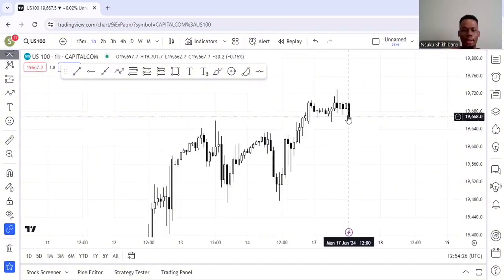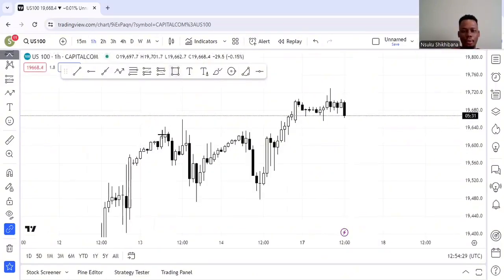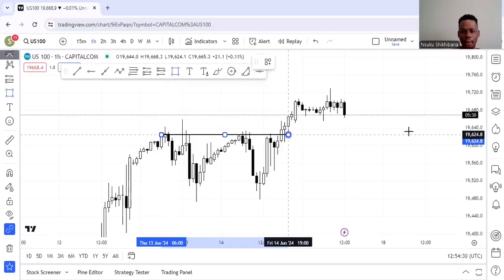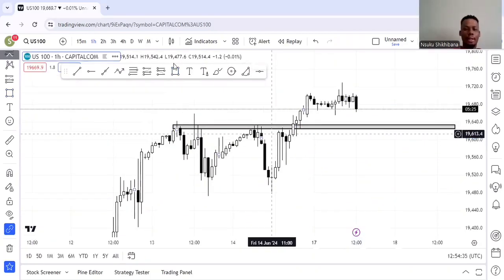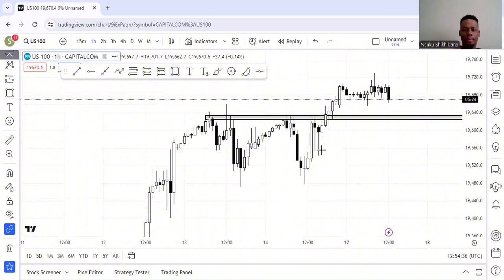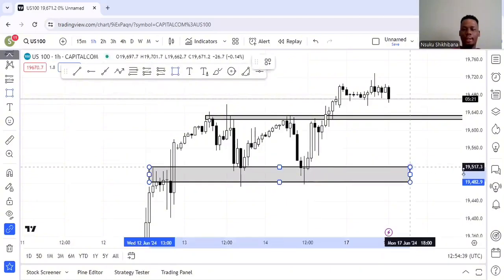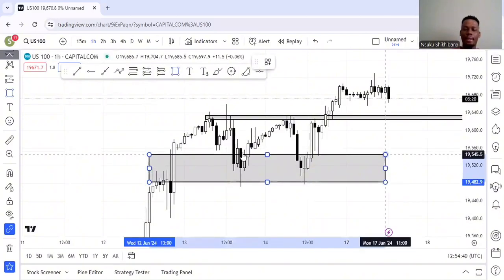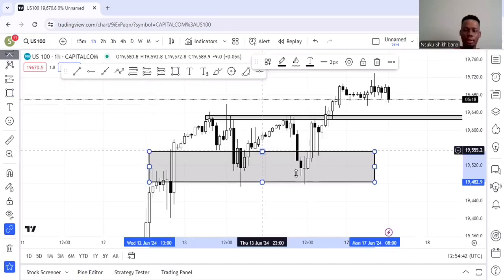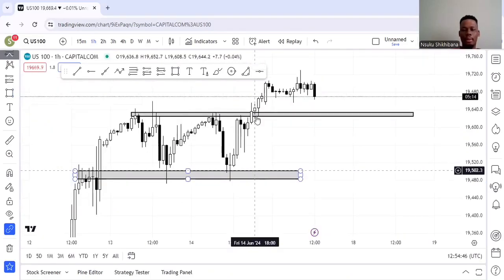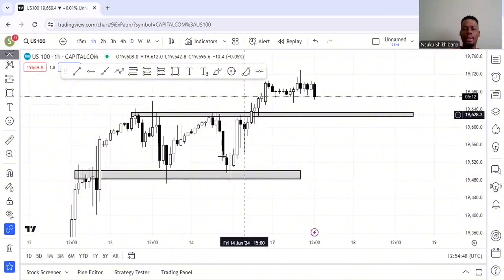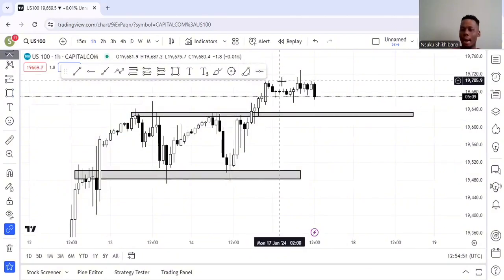So on the H1, we see some sort of zone right here, a range where price formed a range between this support here and this resistance here, and then it broke up.